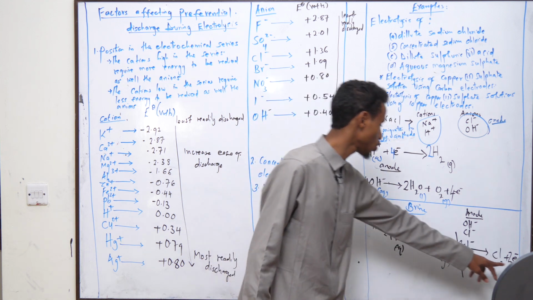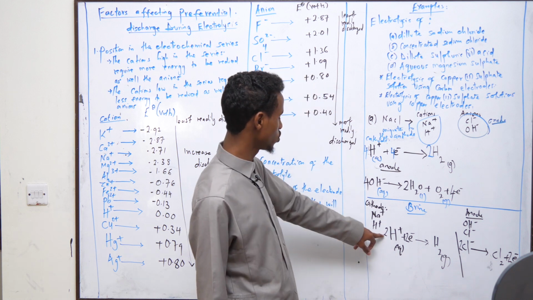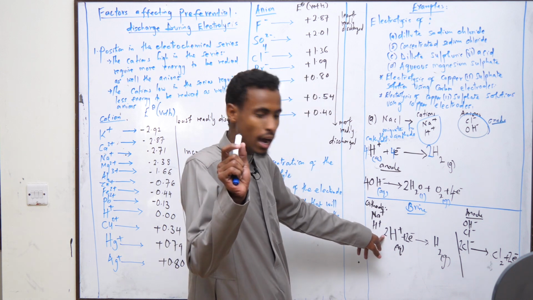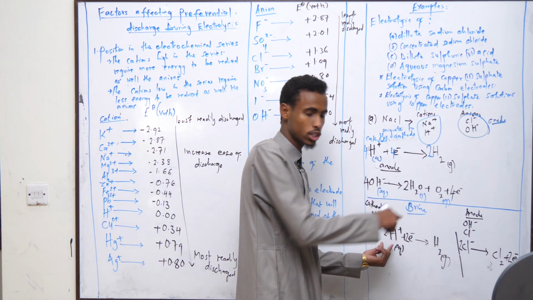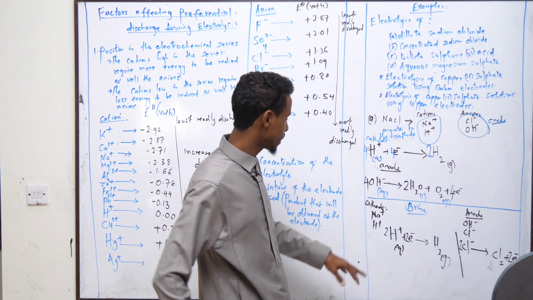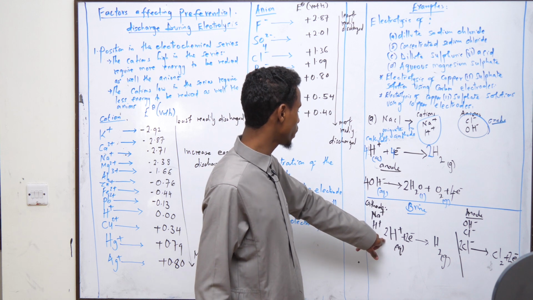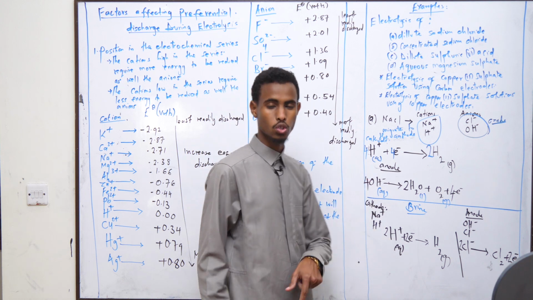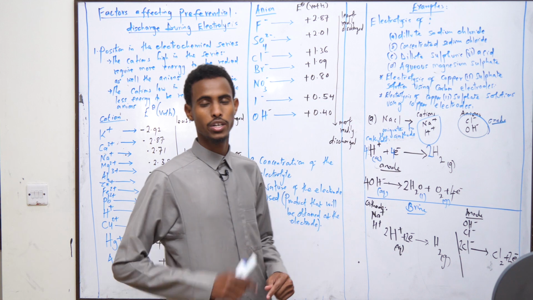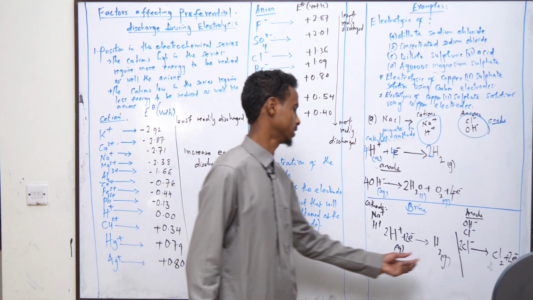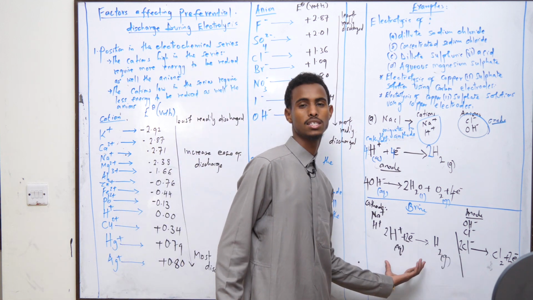The 2 electrons lost must be gained by hydrogen. That is why we need 2 hydrogen ions to gain the 2 electrons lost by chlorine, and that is why in this one we have 2 moles of hydrogen ions, and here we have 4 moles of hydrogen ions. It is dependent on the number of electrons lost at the anode, so that we can balance this scenario.